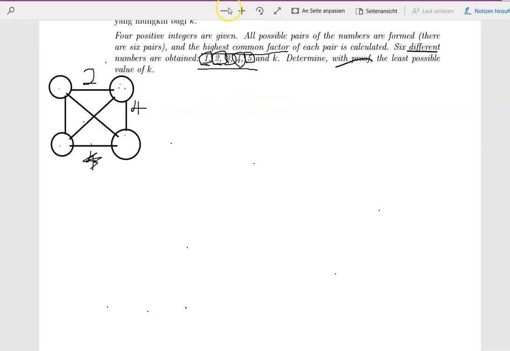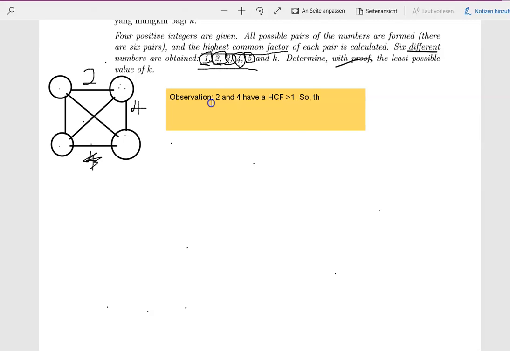Here is a very important observation to make, so let's write it down. Observation: 2 and 4 have a HCF larger than 1.